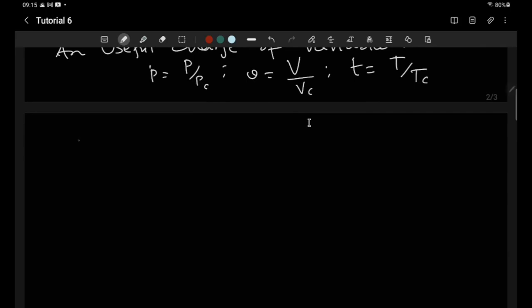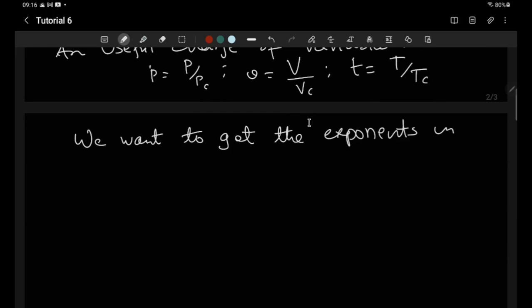So the second part is, the idea is we want to derive the critical exponents.